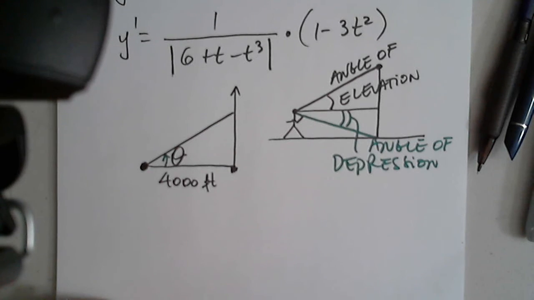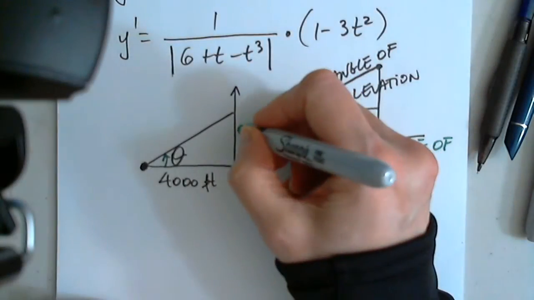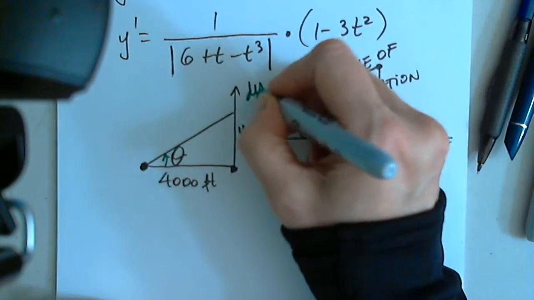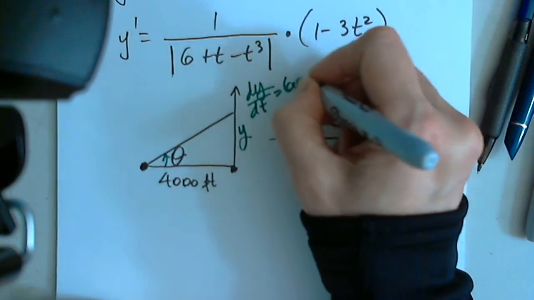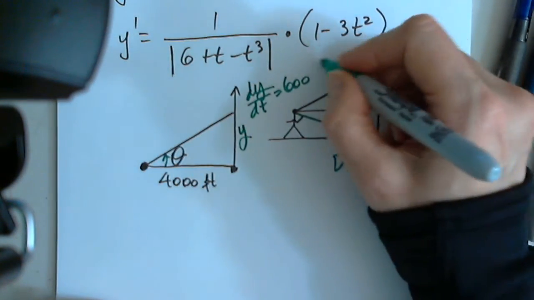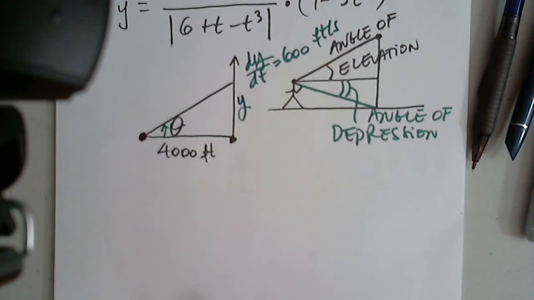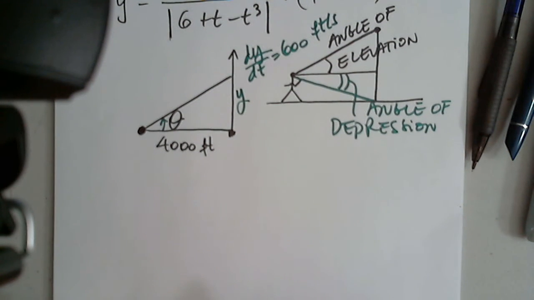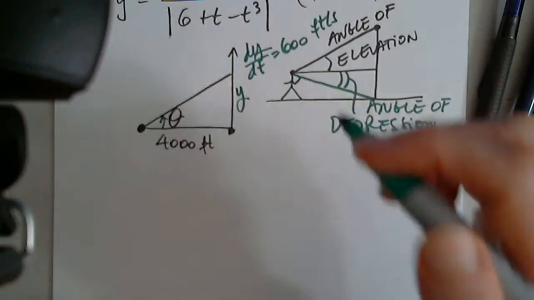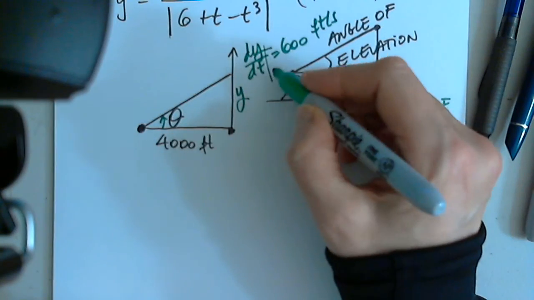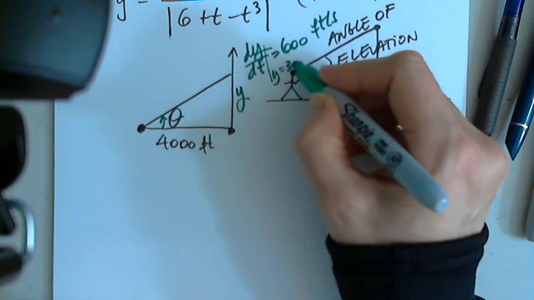Is it 600 feet per second or 500? 600, okay. So if this is y, then I know that dy over dt equals 600 feet per second when it has risen 3,000 feet. So this is when y equals 3,000.